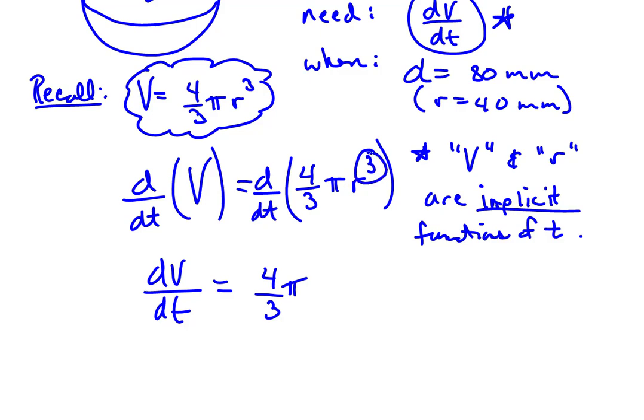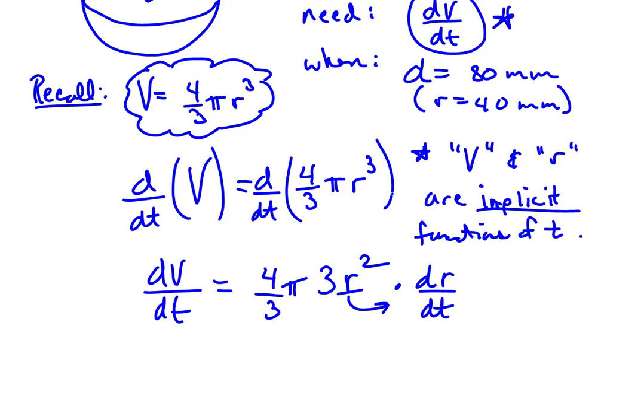So we're going to take this 3, that's the power of r, and throw it down in front of the r, making it 3r squared, decreasing the power by 1. That's just the power rule for derivatives. But then given the implicit chain rule, we have to multiply by dr/dt. That is the derivative of this inner function, which remember we're assuming is a function of t.